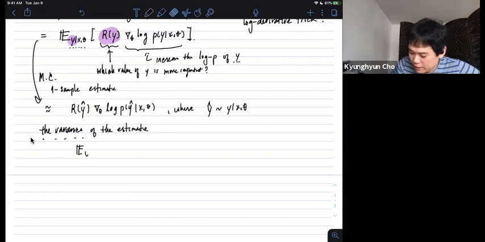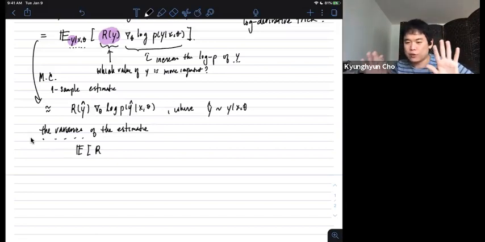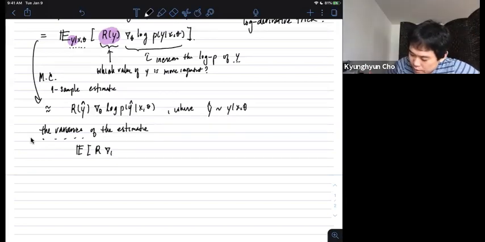To make it a bit easier, I'm going to omit some of the things. So instead of R of Y, I'm going to just use R. Instead of the expectation over Y given X and theta, I'm going to simply use the expectation, because we're not going to compute the expectation over any other distribution, nor the reward over any other value. I'm also not going to write the theta.